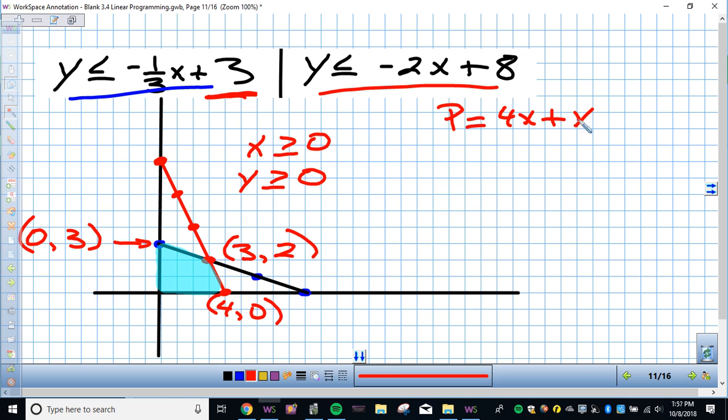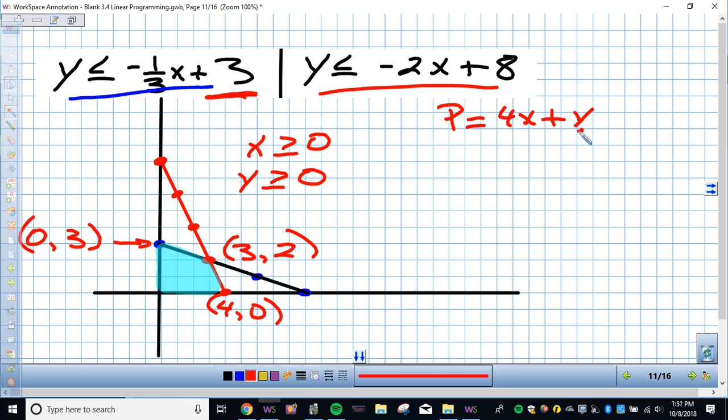So what's the only point of the three I'm not going to need to plug in? Because if I look and I think I'm multiplying whatever x value I have by 4 and then just keeping my y value, which is going to give me the smallest value? 4, 0.